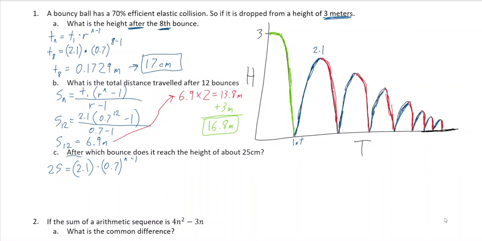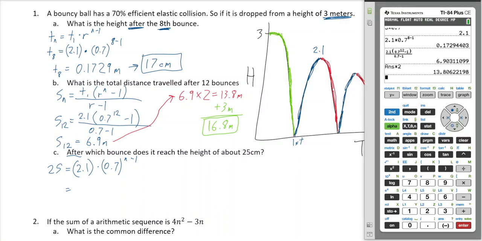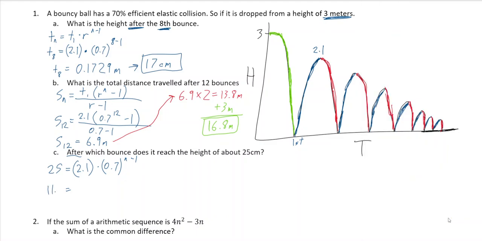Okay, now it's not going to be perfect here, but I think you'll be able to see the right idea. So divide both sides by 2.1, and we get 11.9. We get this, and minus 1 here.